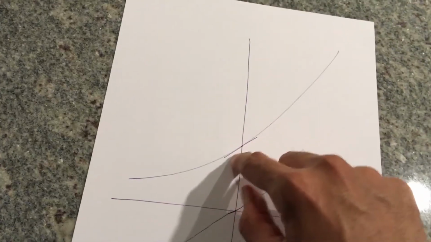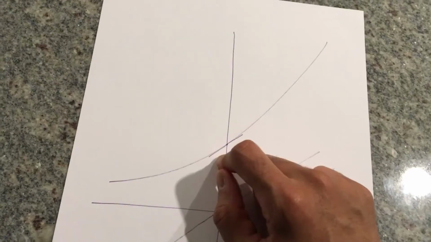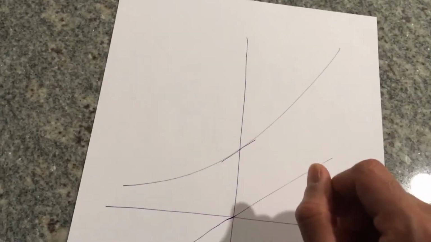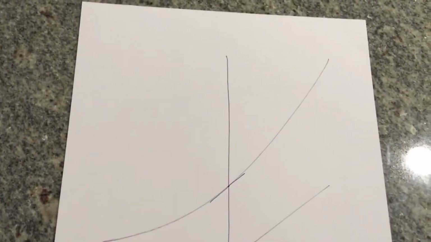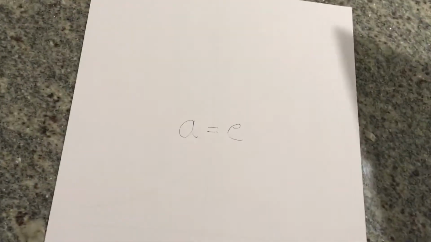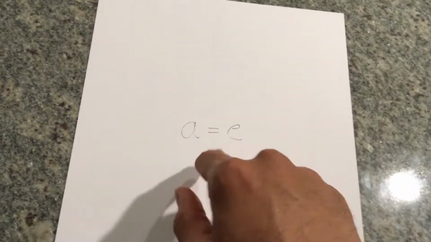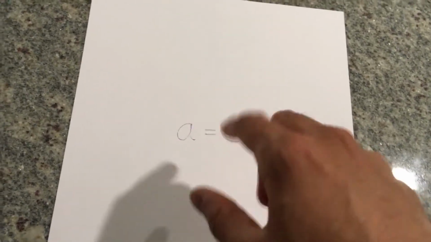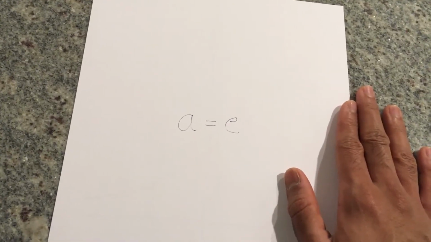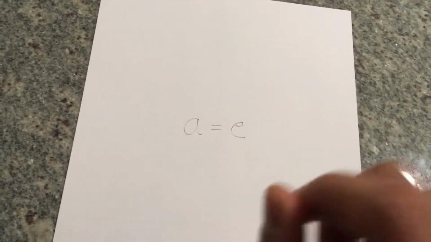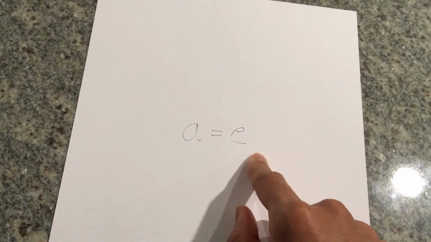Now the moment we do that, we get a very specific value of a, and that specific value of a is e. Why this e can be talked about in another video, but for now just take it as a given that the moment the slope becomes 1 at that point, the value of a becomes e.